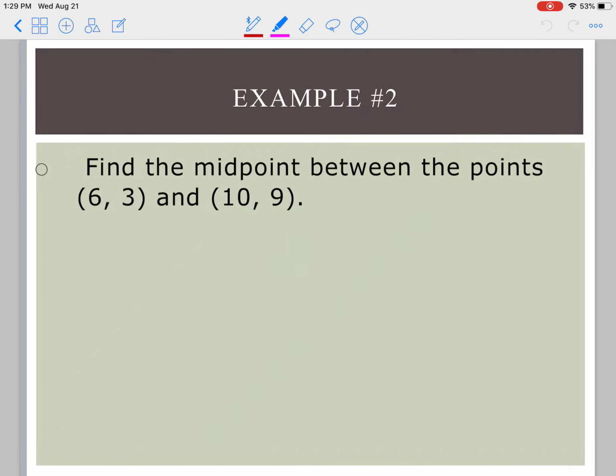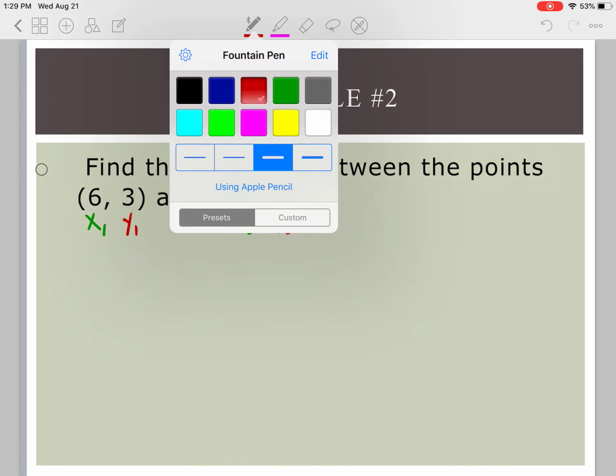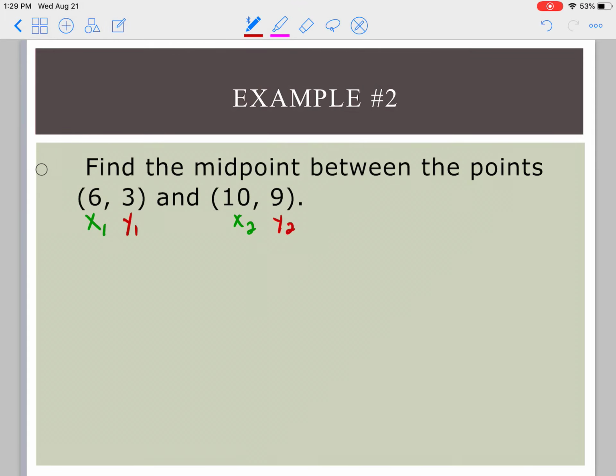You will get a coordinate for your answer. So let's look at this. If this is x1 and this is x2, and y1 and y2, the midpoint formula says that I need to have my x values, 6 plus 10, divided by 2.